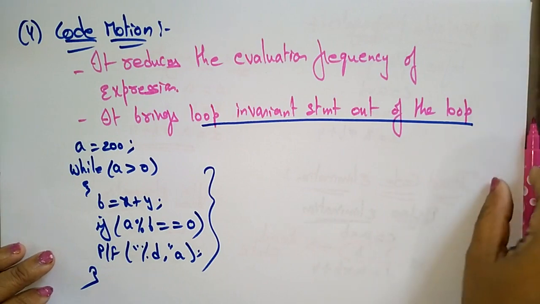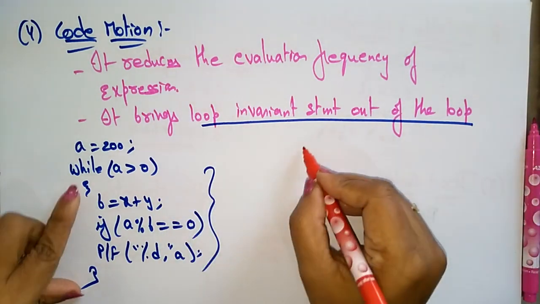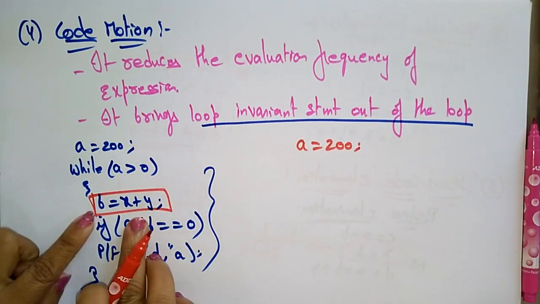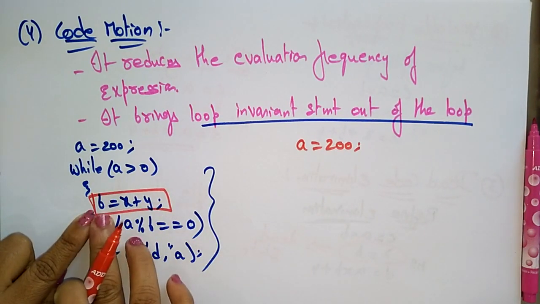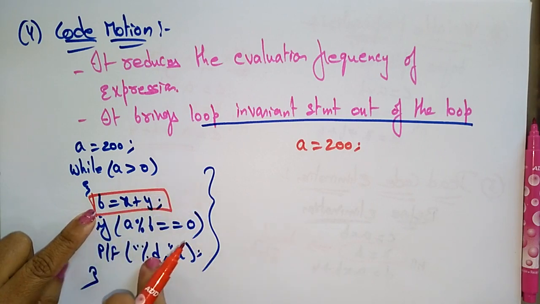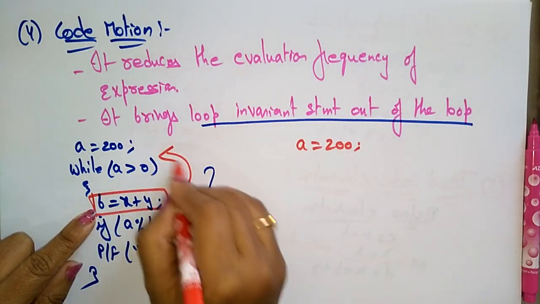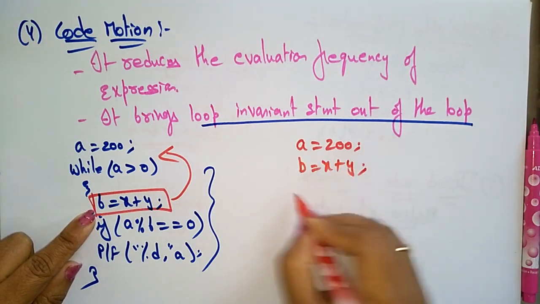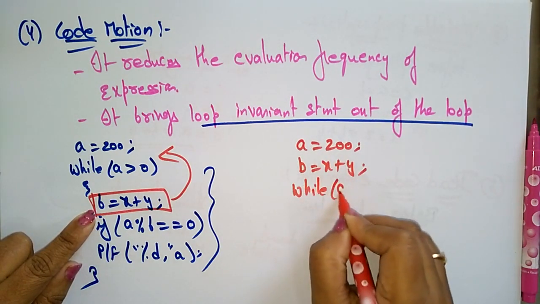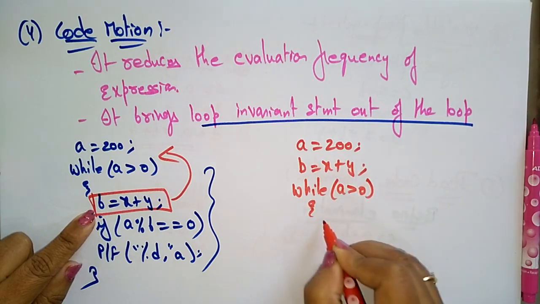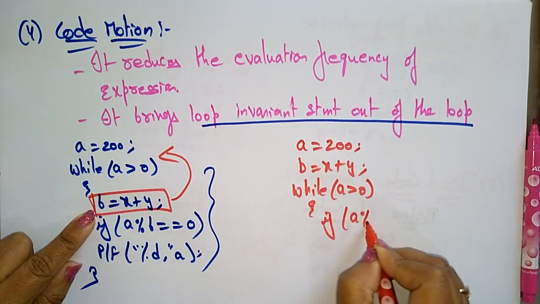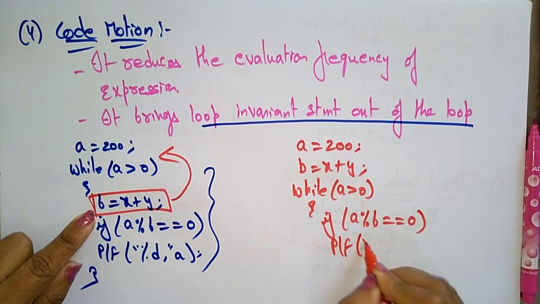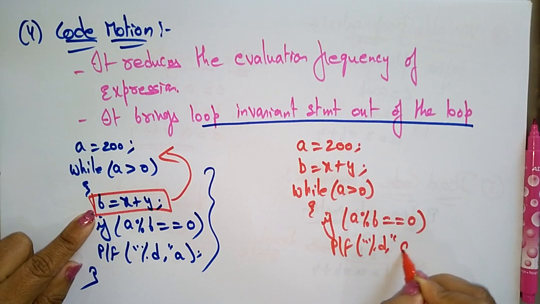So how is it possible? Let's see the statement. I am writing here a is equal to 200, and this is the invariant statement because there is no need of using this statement inside the loop. So better bring the statement outside the loop. b is equal to x plus y, while a greater than 0, if a modulo b is equal to 0, then printf %d comma a.